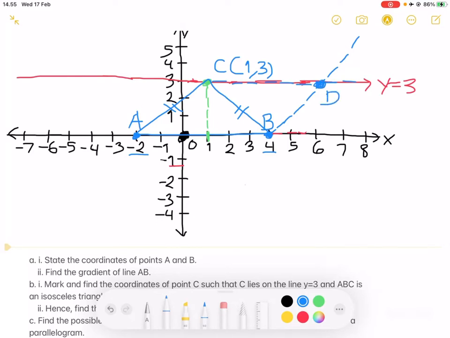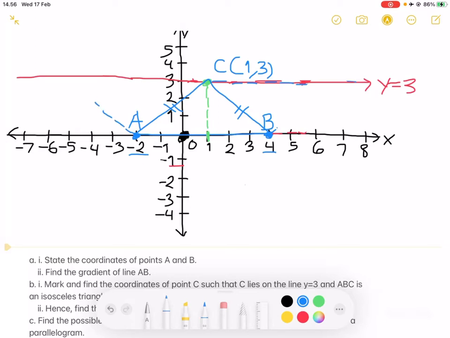However, this is not the only possible D coordinate in this case. There is in fact another one if you do it in a slightly different way. You can also draw a line which is parallel to the line segment BC.